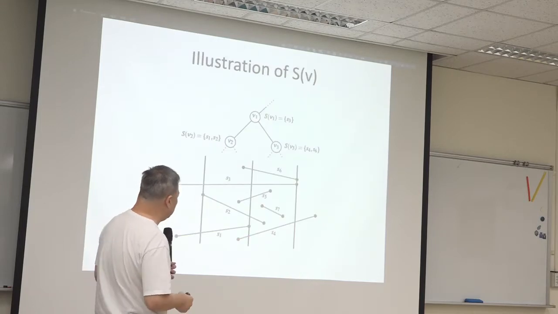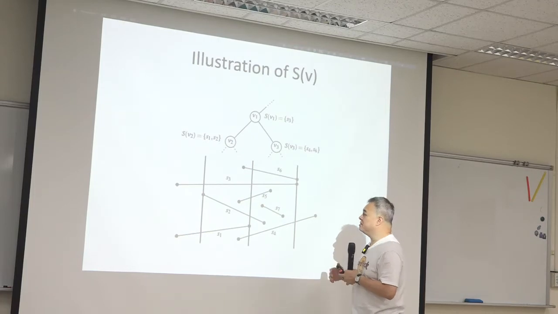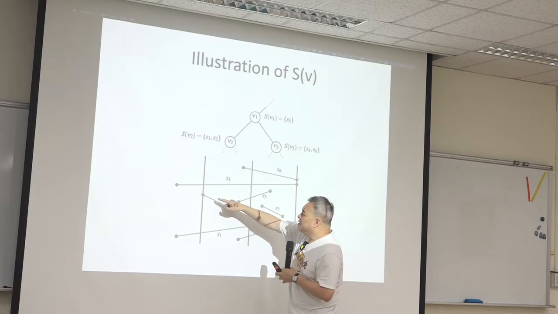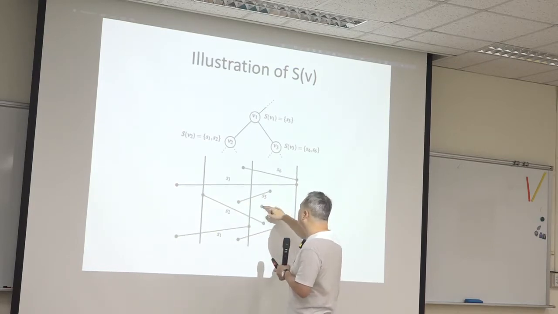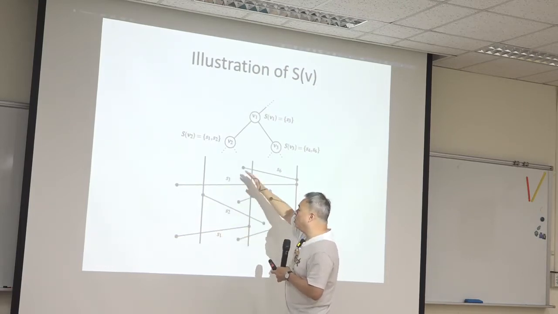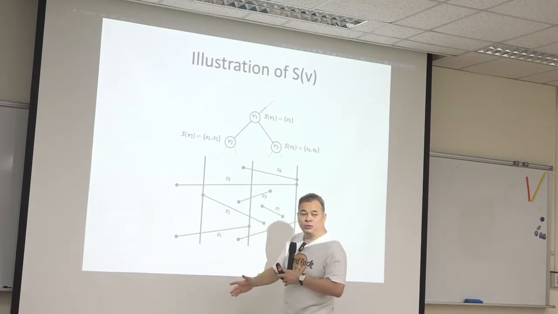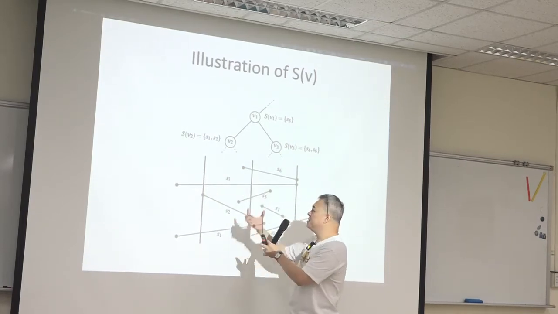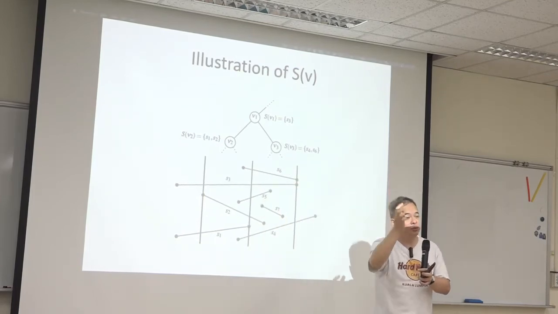To see what we are doing, let's look at this figure. We will use the endpoints. Actually, here we do not draw all the slabs. You know slab, right? A slab is a vertical region, an infinite vertical region.